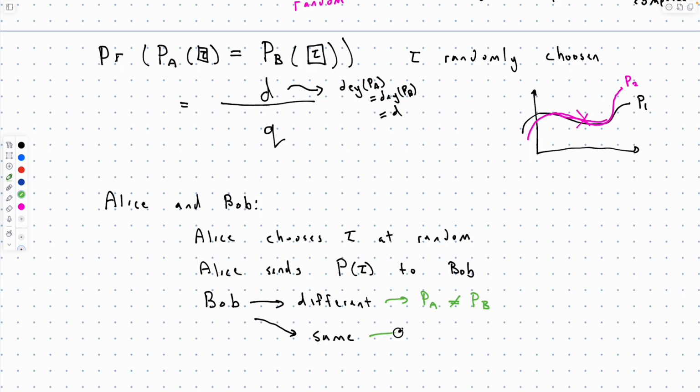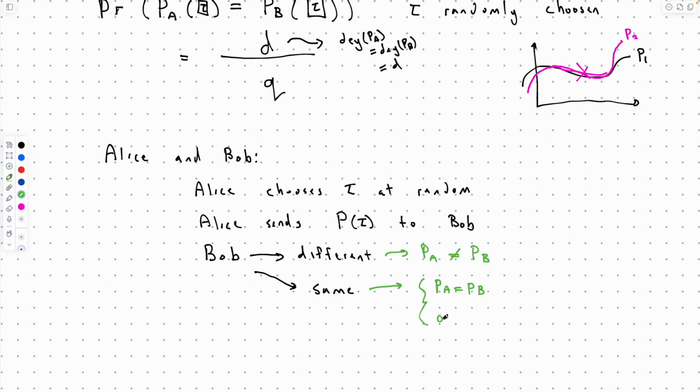If it's the same, that means either PA equals PB, or PA is not the same as PB with probability D over Q. How many points do we have to send before D over Q gets so small that we don't care about it anymore?